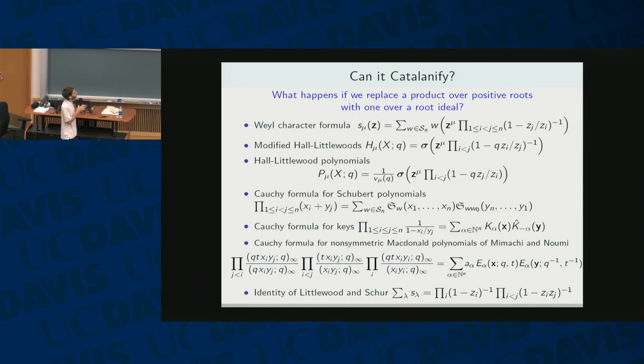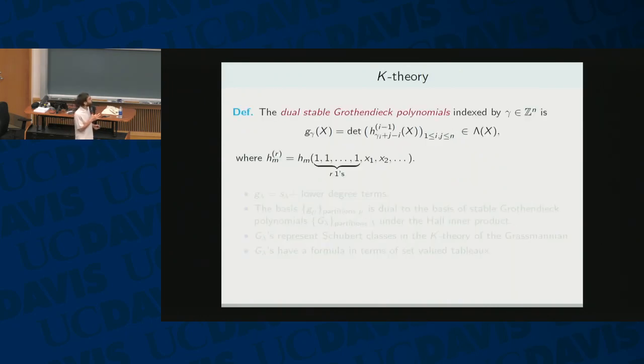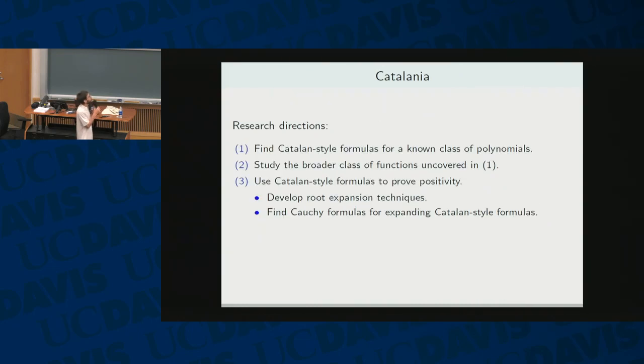Okay, so now what happens if we replace this product over positive roots in all these different examples that we see, right? There are various ways of getting at this. In the cases that we looked at, for example, the nabla En, we just had to engineer this by hand.